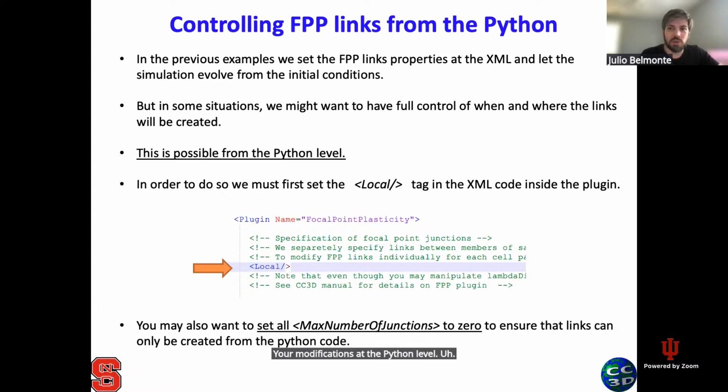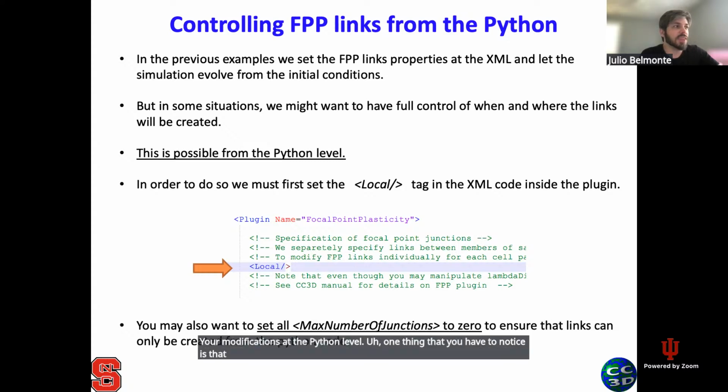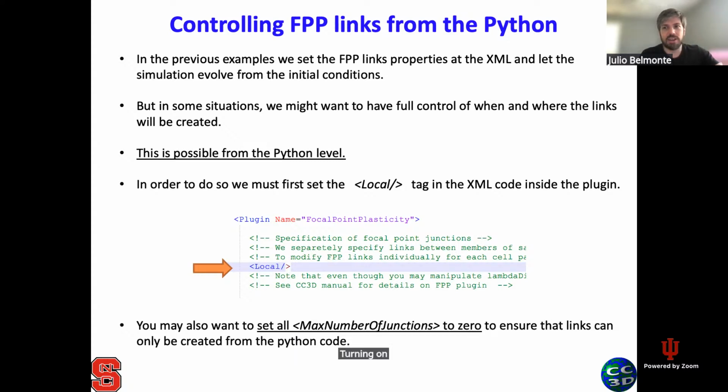One thing you have to notice is that turning on this local flag in Focal Point Plasticity does not turn off the links from the XML level. Everything that you set up in the XML is still valid.